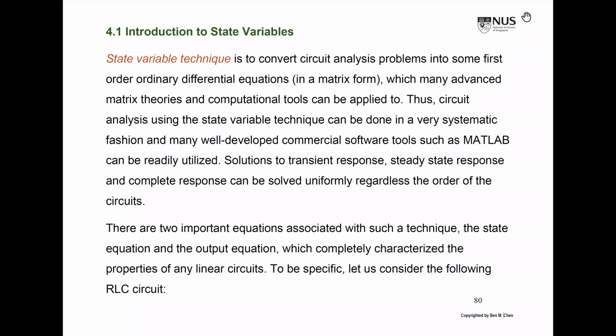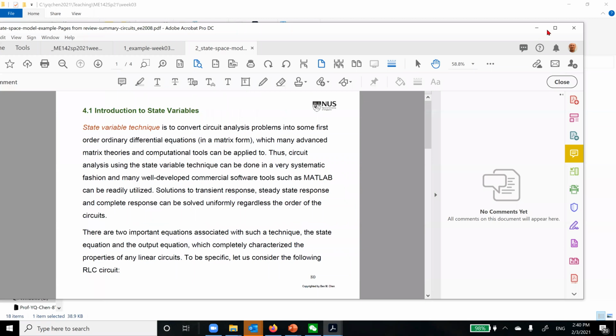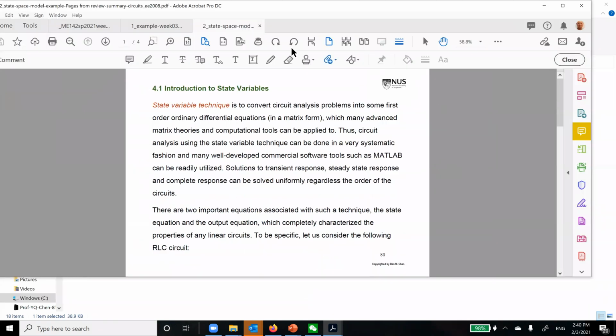I think I need to make it editable so I can add comments. Then when I add comments, I need to remove this one. Okay, I think this is great.